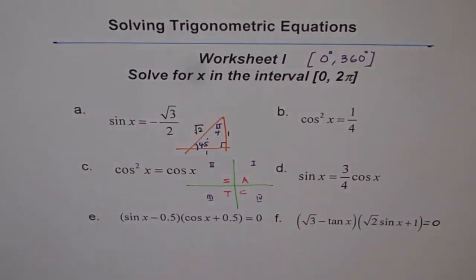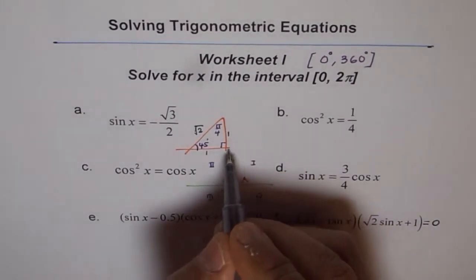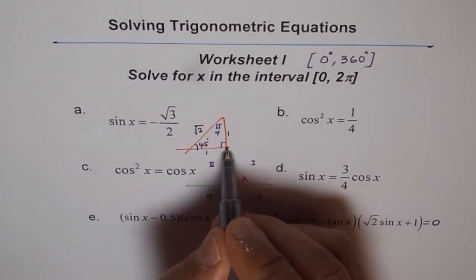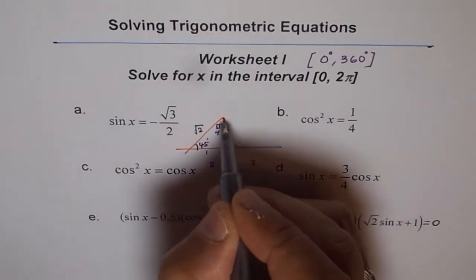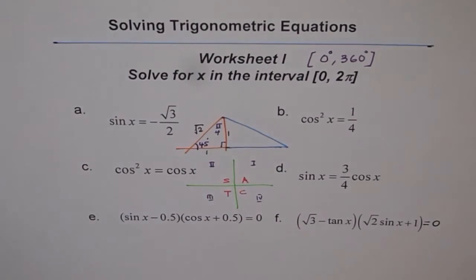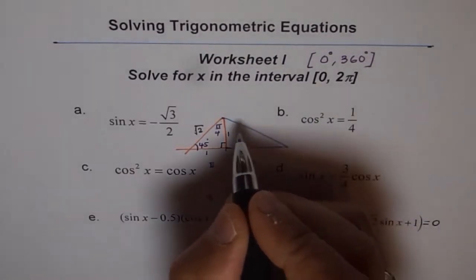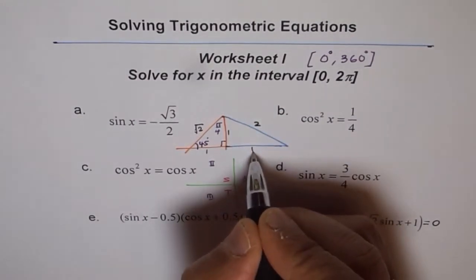The other special triangle is 30, 60 and 90, so we can extend this side. This is 1, we'll make it twice the length and then join this side here. Actually, the twice the length is this side. So let me write it in a different ink. So we have here 2 and this is square root of 3.